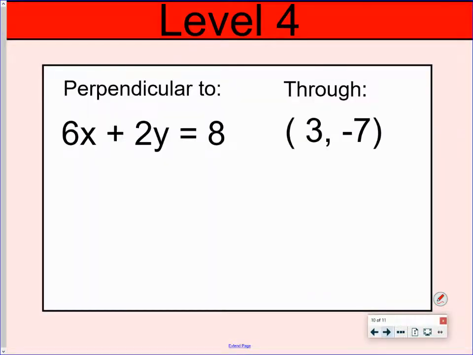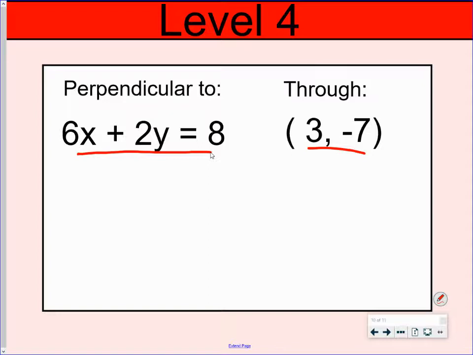All right, this is a level 4, but I'm actually going to show you and give you hints on this so you can work through it, because once you do this first step, you will do the same the rest of the way. Here we have an original line, and we want to find the line that's perpendicular to it and goes through 3, negative 7. On the original line, we need to know what the slope is.